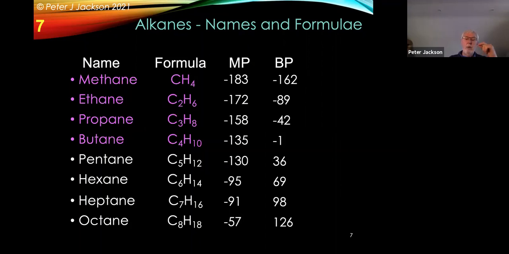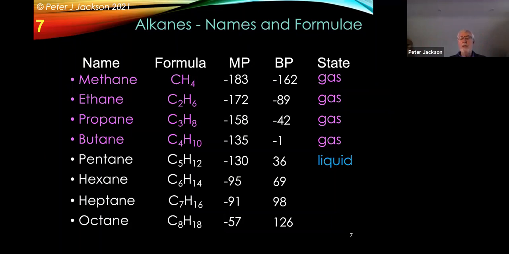And if I look at what state they're in at room temperature, I see that the first 4, methane, ethane, propane, and butane, are all gases at room temperature. Pentane is a liquid. Room temperature is 20 degrees centigrade. Pentane boils at 36. So if it was a hot room in the Mediterranean, pentane could boil.